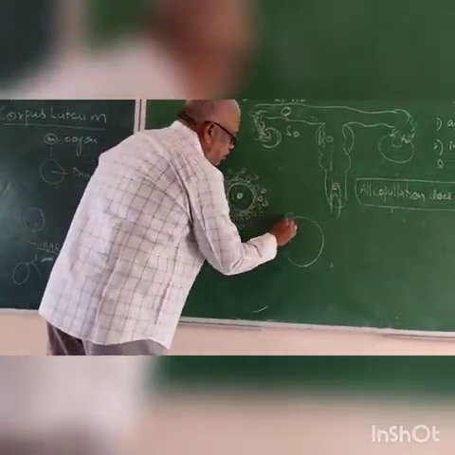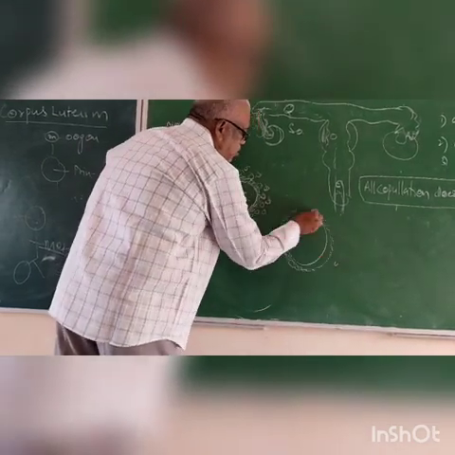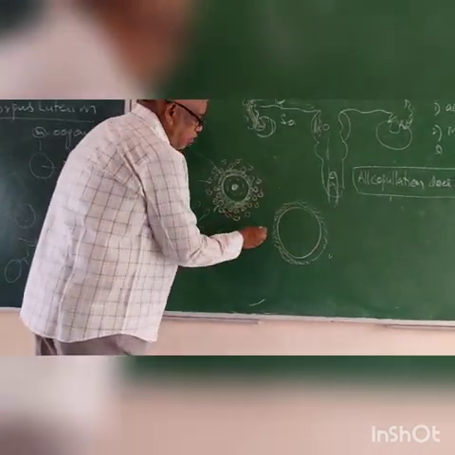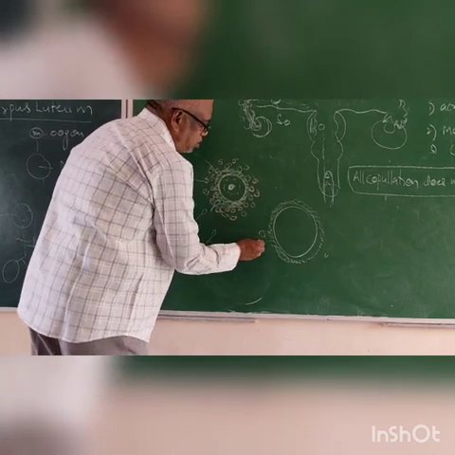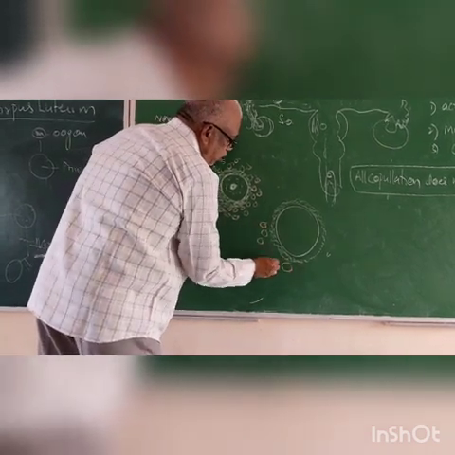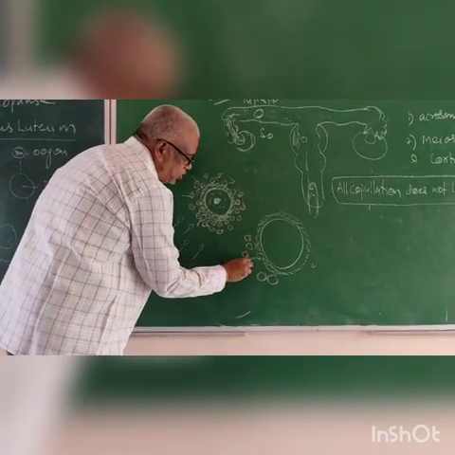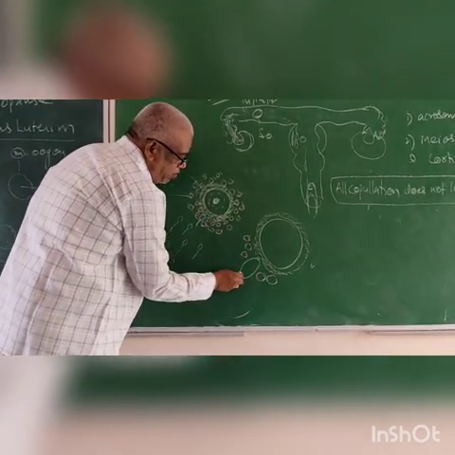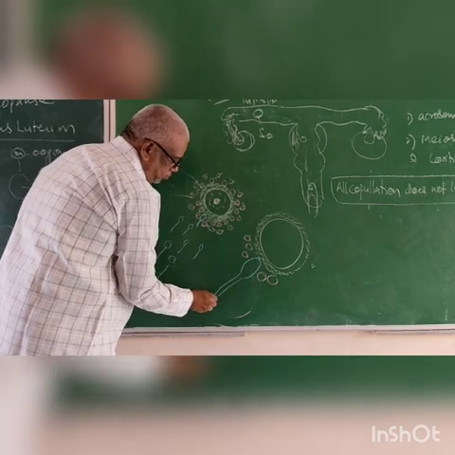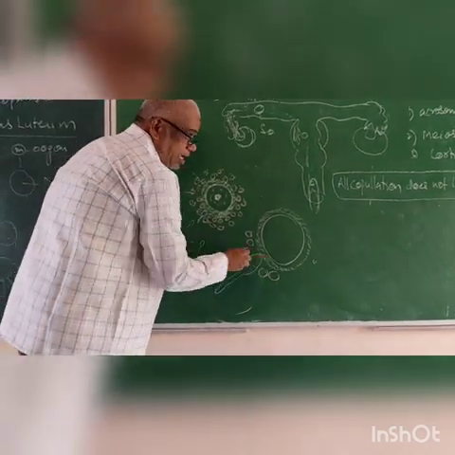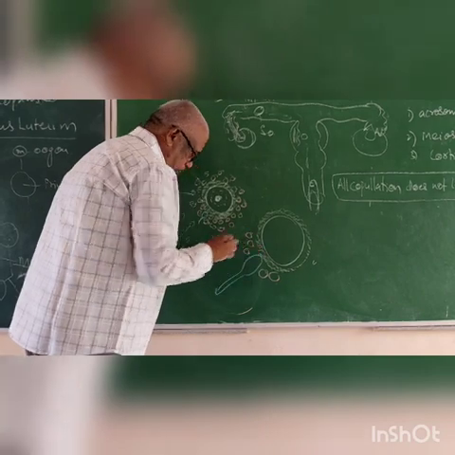Now, it is a zona pellucida. Now, these are the cells of the corona radiata. Now, it is the first sperm. See, I am enlarging. First sperm touches it, hits the zona pellucida.